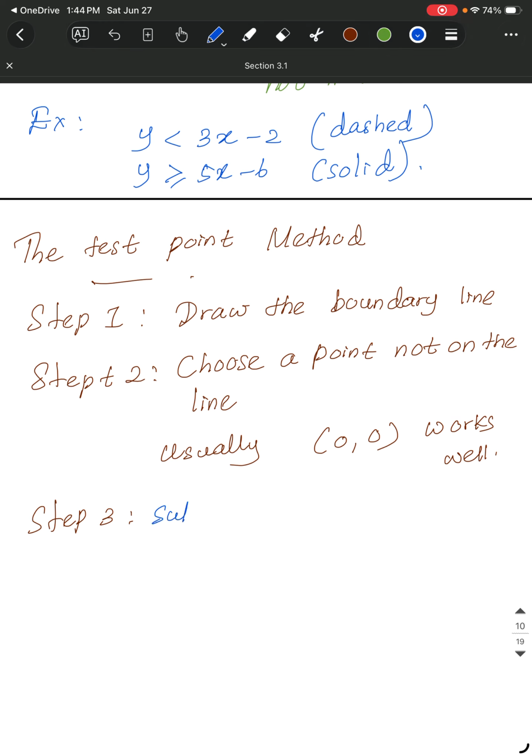So substitute the selected point or chosen point into the inequality.